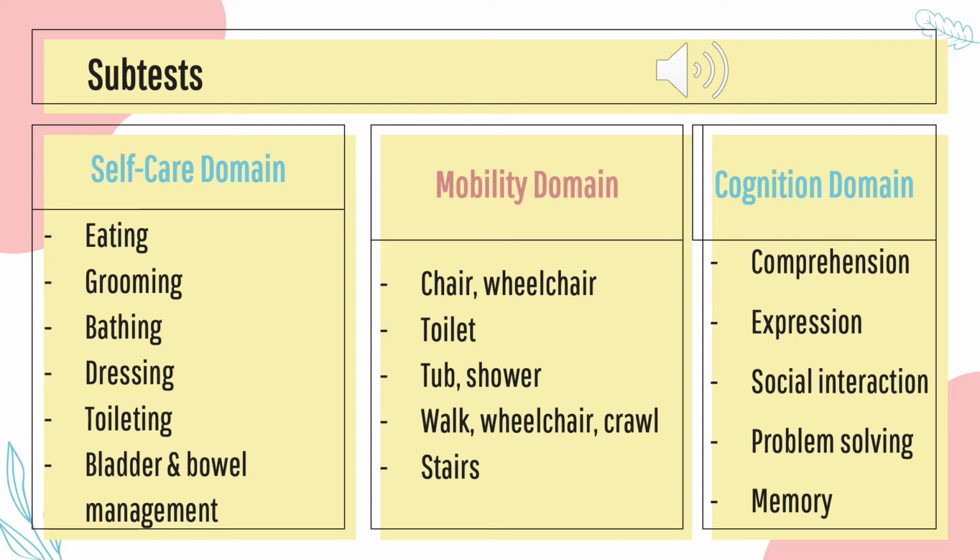And this is how they can transfer in and out of an area or walk up and down the stairs. And then the last domain is the cognition domain, and this is how the child cognitively functions in this area. Some areas tested are comprehension, expression, social interaction, problem solving, as well as memory.